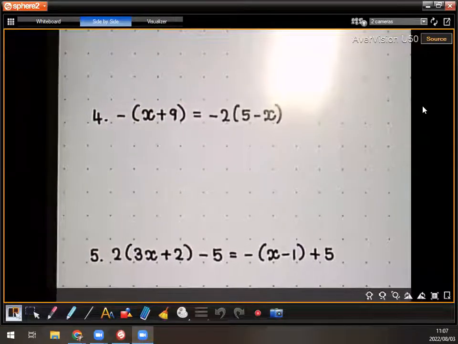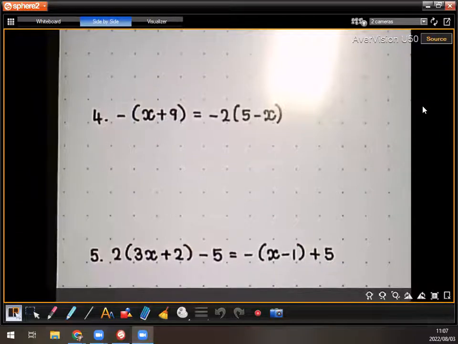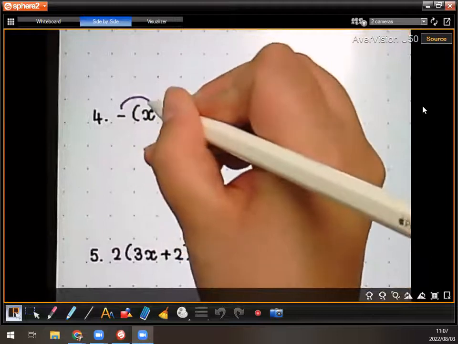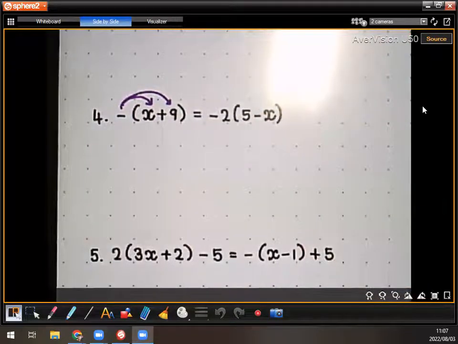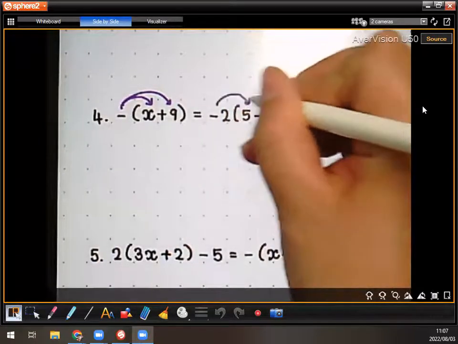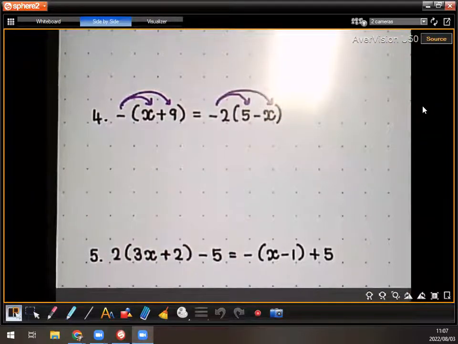I'm going to do that first step with you, then you're going to do the rest on your own. What number is this actually, guys? It's just a minus. Negative 1. Good. So that must go into that bracket. I must multiply it by both terms. Next one, negative 2. That must be multiplied by both terms.